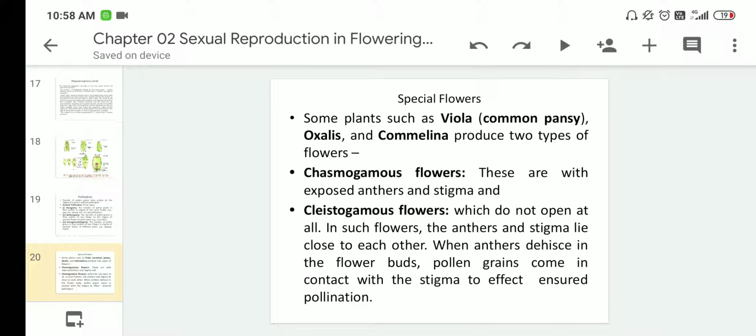Chasmogamous flowers are open, having exposed anthers and a stigma. In them cross-pollination is possible.